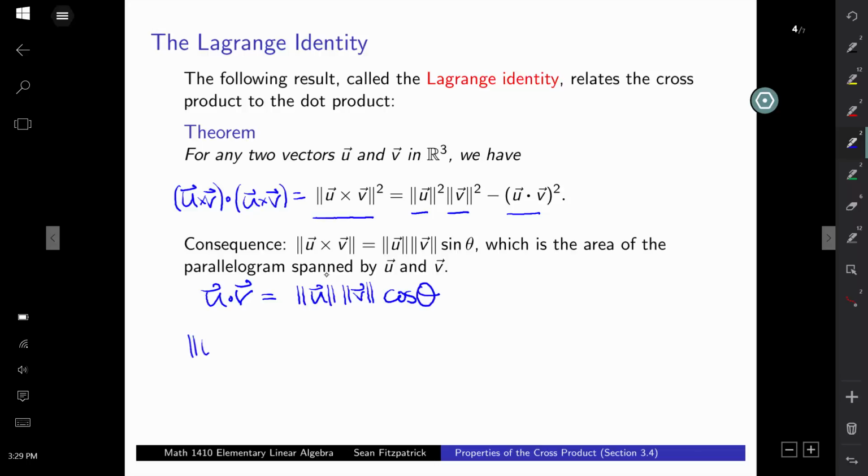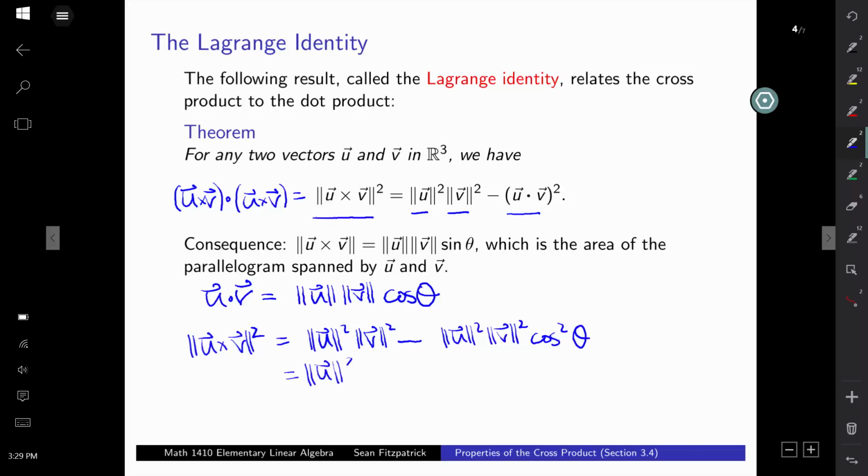So assuming that this Lagrange identity holds, and it does, I guess you have to take my word for it, I get magnitude of u squared, magnitude of v squared, minus, if I square the dot product, magnitude u squared, magnitude v squared, and cos squared theta.